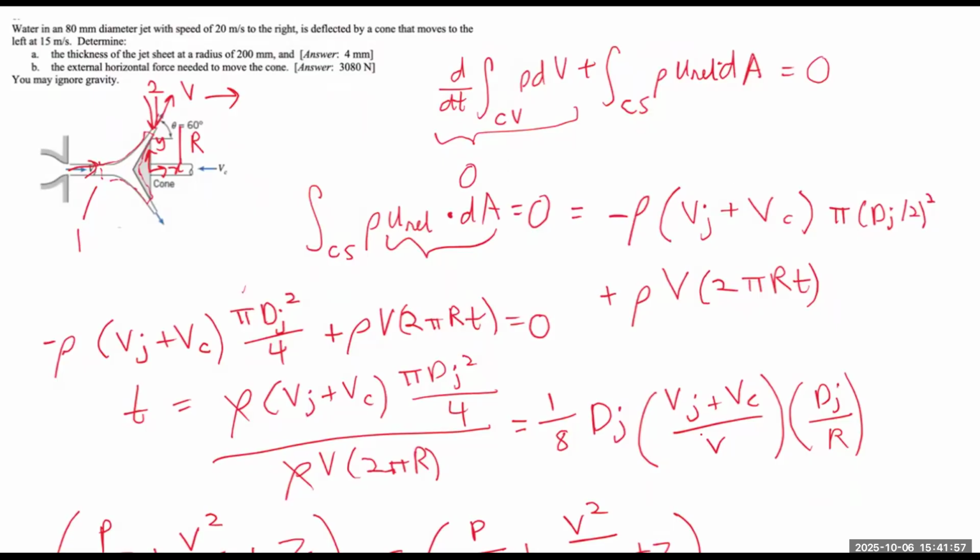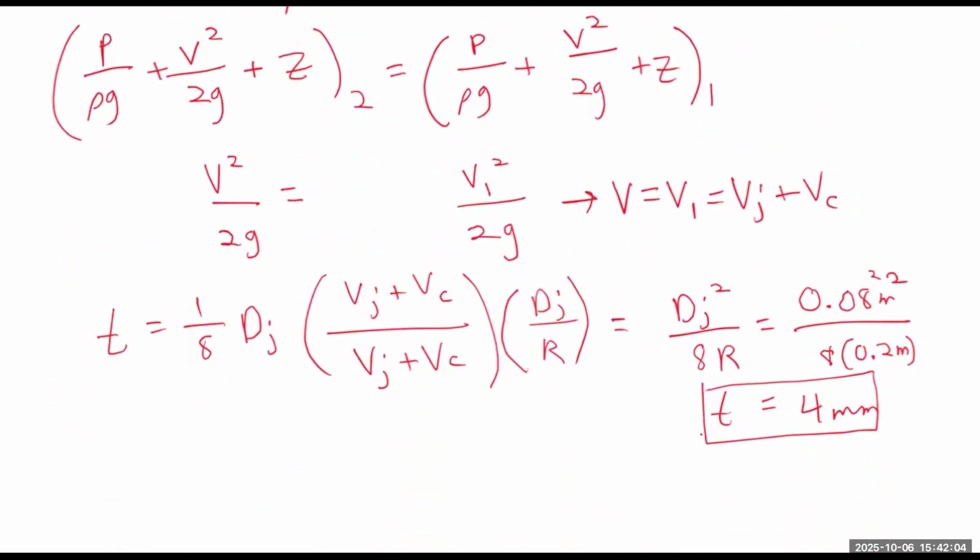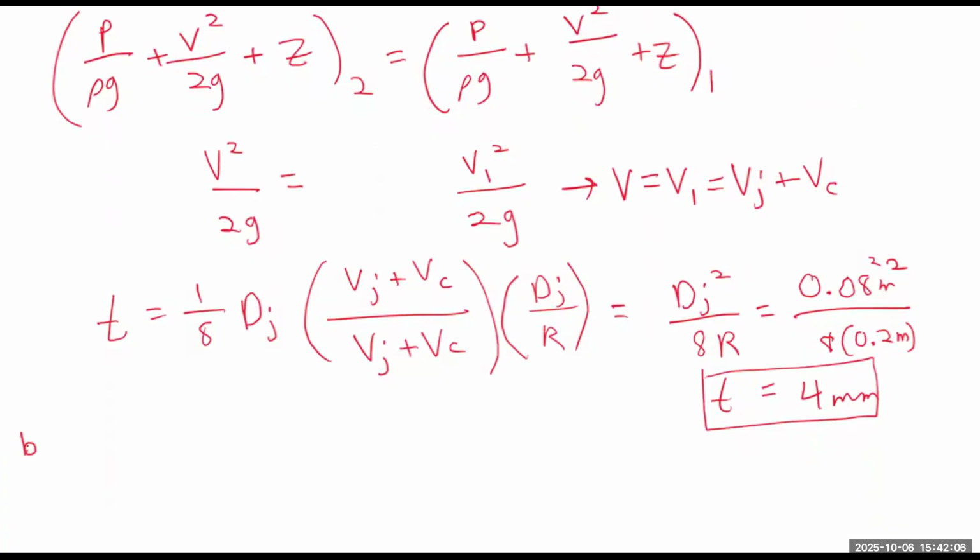Now we want to find the external horizontal force needed to move the cone for part B. And this part is going to be conservation of linear momentum.